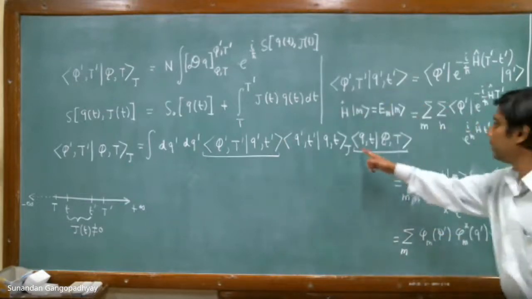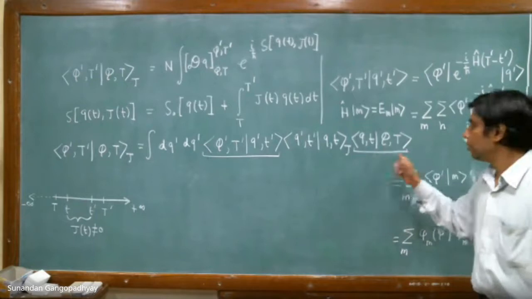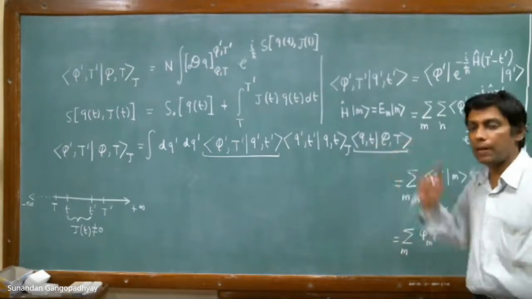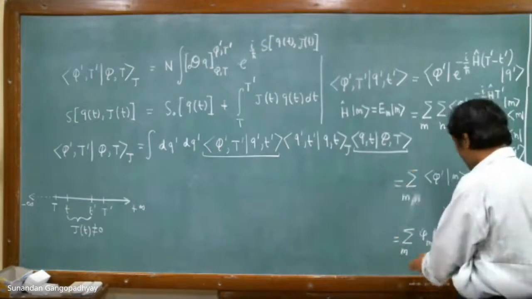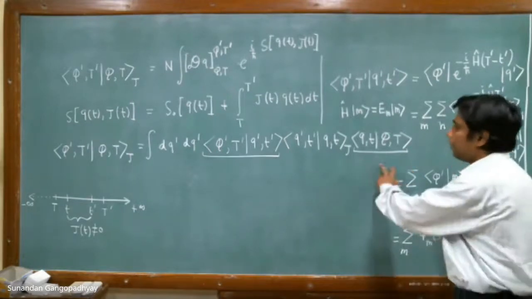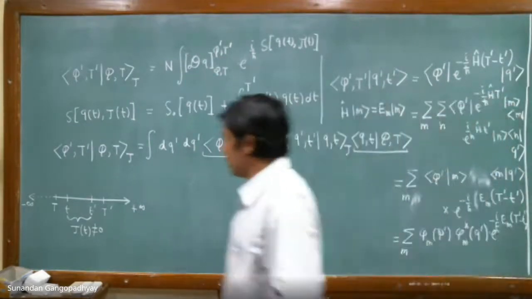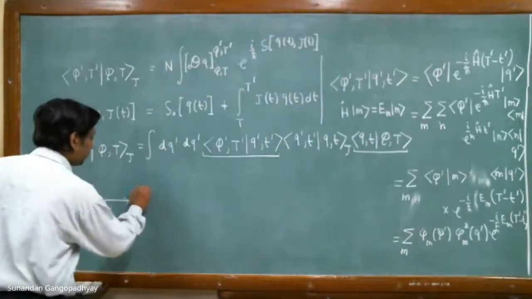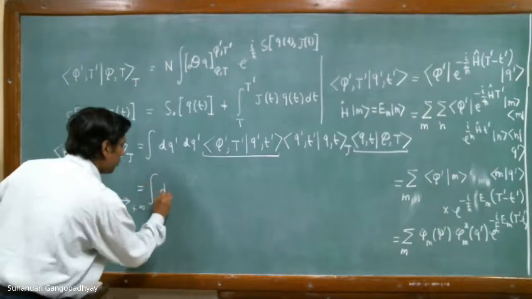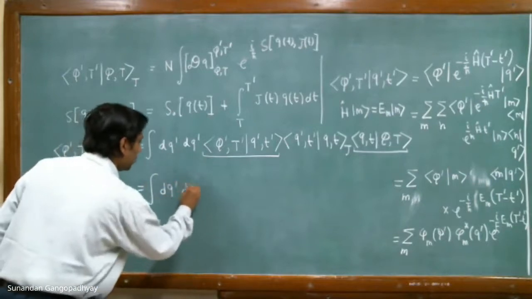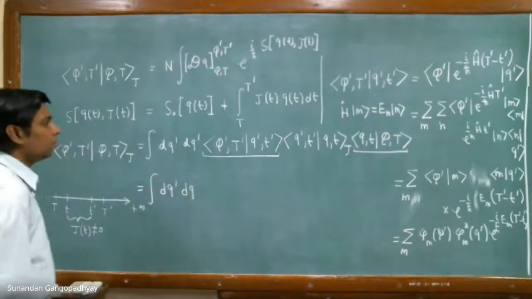And similarly, you can calculate this part. I told you to calculate this part in the previous lecture. So if you calculate this, you will get a similar expression like this. And now you substitute both these expressions in this. So if we do that, then we will have dq prime dq.